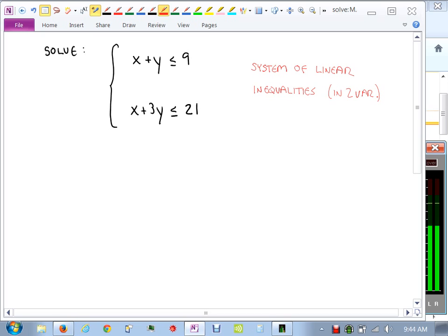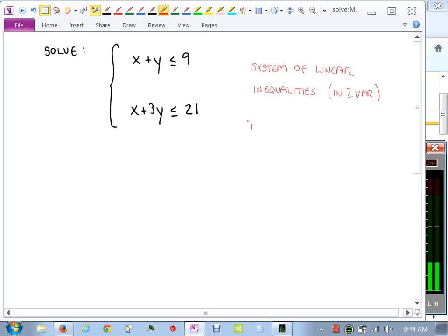I'm going to give you the way to approach it. I think it'll help you later, when we get three linear inequalities or four of them. If you approach it this way, I think it'll make everything run smooth later. So here's the first thing we're going to do.